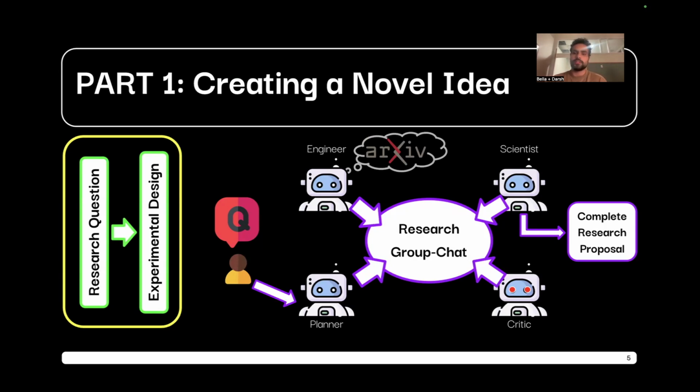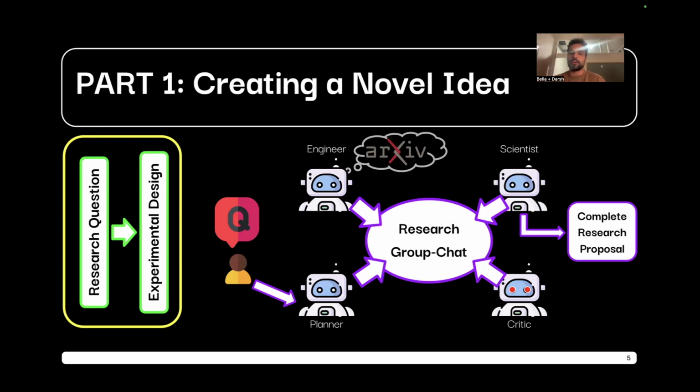The user submits a simple query to our multi-agent model, which is a group chat formatted system. So it's a lot of agents that can autonomously select when they speak. We have the planner that leads the entire group, the engineer, which has access to papers on the web, such as the arXiv API, and then the scientist, which can take a summary of those papers and then create a research proposal.